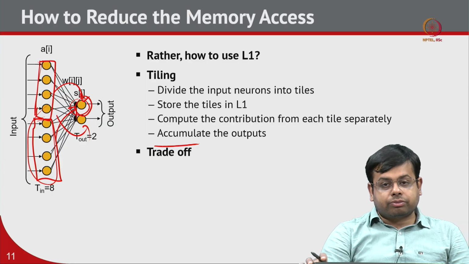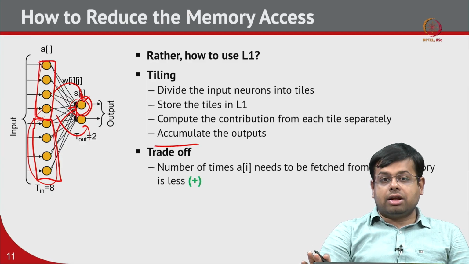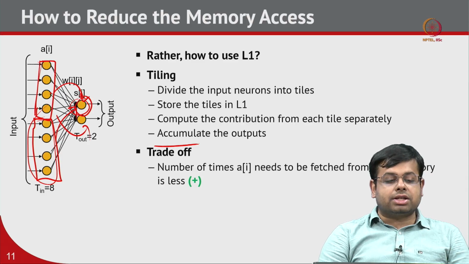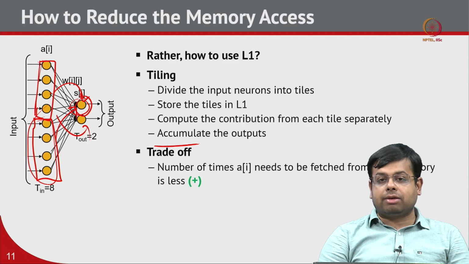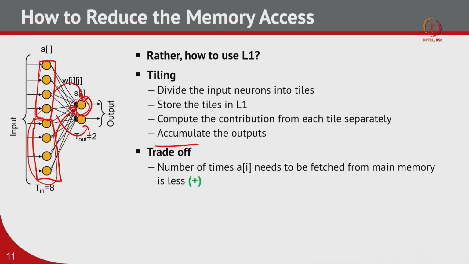Now, here is a trade off. Of course, the number of times this AI needs to be fetched from main memory is less. Earlier, for each of the outputs we were fetching this AI, and now we are fetching a tile once and then performing all the computations which can be done with that tile.